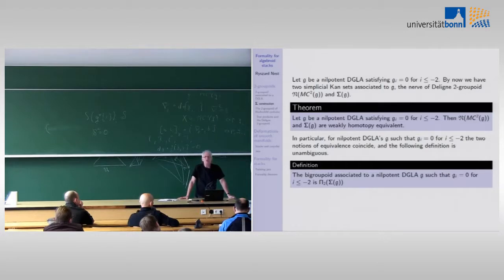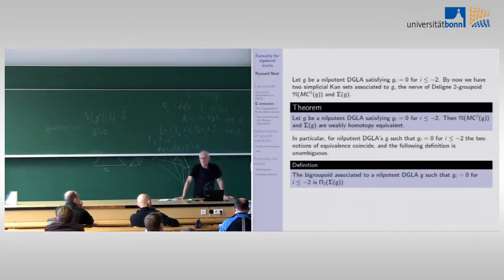Suppose we start with a nilpotent differential graded Lie algebra, just a DGLA, and assume that it vanishes in degrees smaller or equal to minus 2. We constructed the two-groupoid associated to it, and it has a nerve, so we associated to it a simplicial set, a Kan simplicial set.